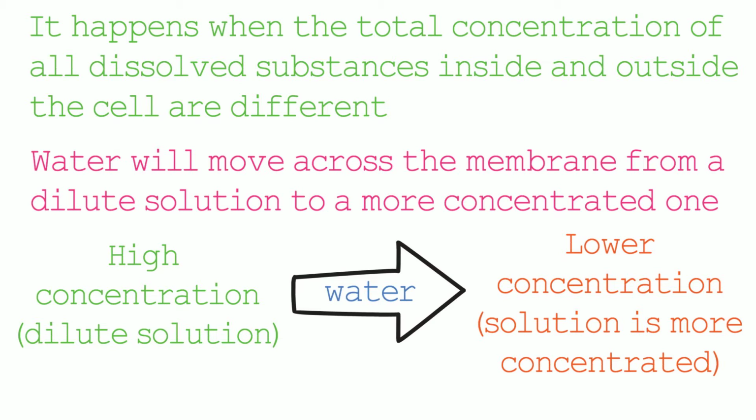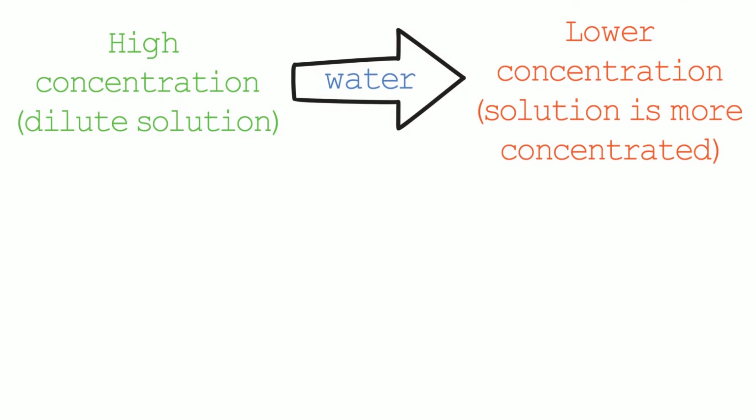If we had a very dilute squash, it would mean that there's very few squash particles relative to water, and this means that there's a very high concentration of water relative to the squash particles in a dilute solution. If we had a more concentrated squash, which we would get by pouring more squash into water, this would mean that there's a higher concentration of squash relative to water, and therefore a lower concentration of water relative to squash.